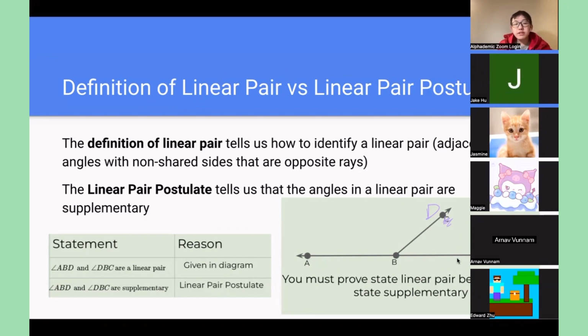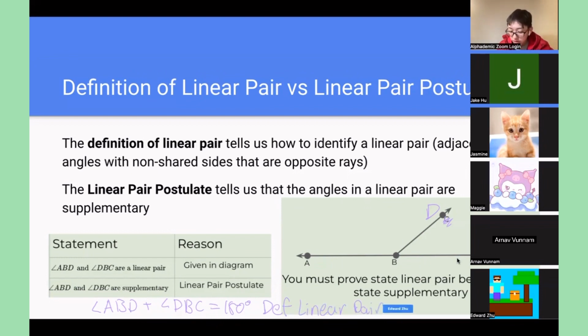But then you also have to say angle ABD and angle DBC are supplementary through the linear pair postulate. That way you can do other things with it, like angle ABD plus angle DBC equals 180 degrees through the definition of linear pairs.